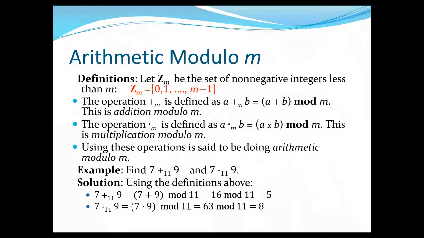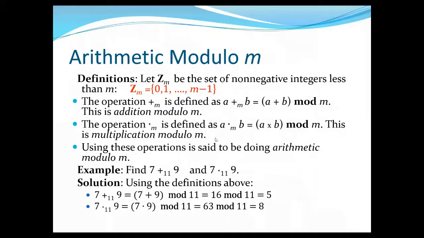The operation plus M is defined as A plus M B is equal to (A plus B) mod M. For multiplication, it's almost the same notation, but instead of plus, it will be product. So A times M B is equal to (A times B) mod M.